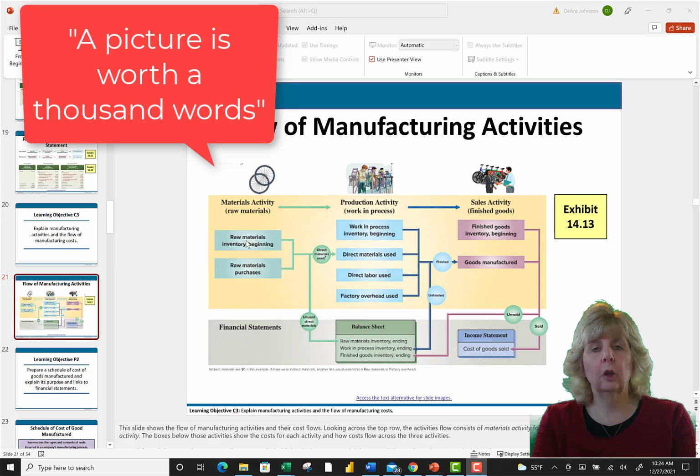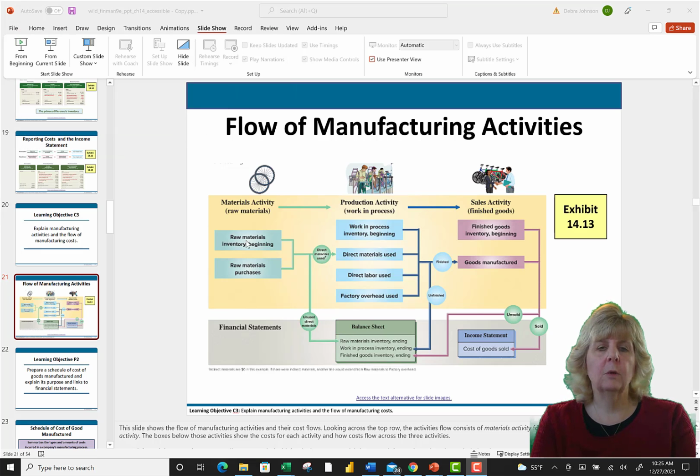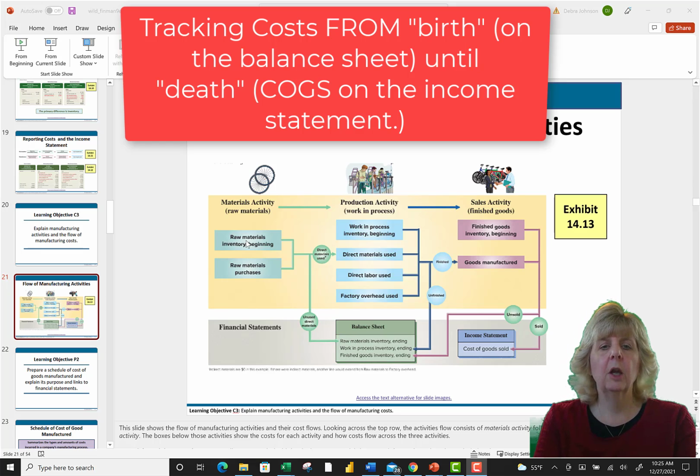And so if we can learn to create these costs and watch these cost flows by using these T accounts, I think this is going to make your life much better in the next several chapters coming up. So I'm going to invest the time right now to teach you about how costs make their way through the T accounts, knowing that the dividends on that will pay off in the end. When we get to the journal entries, you'll become pros because you'll be used to looking at T accounts.